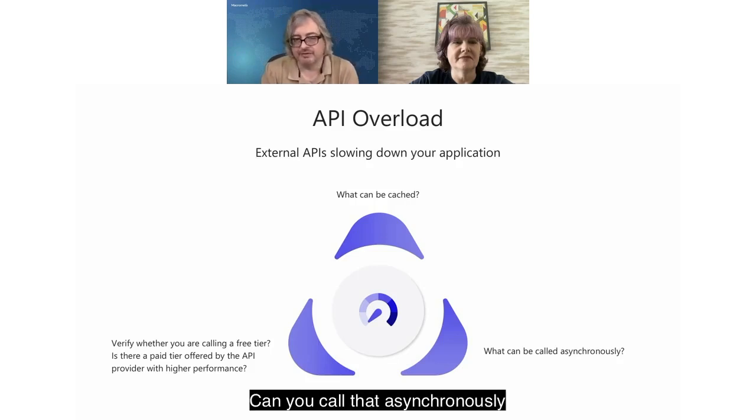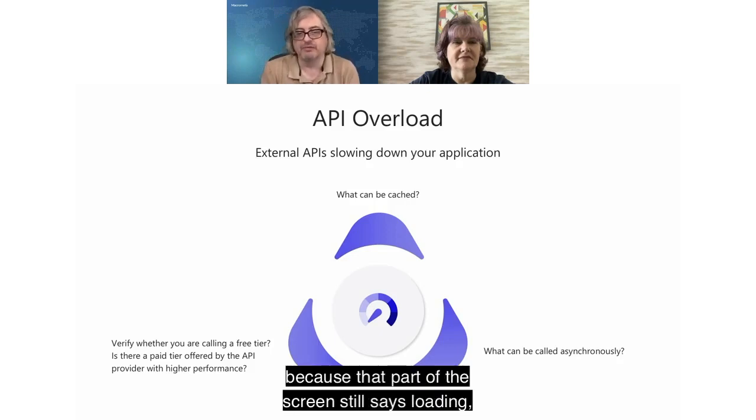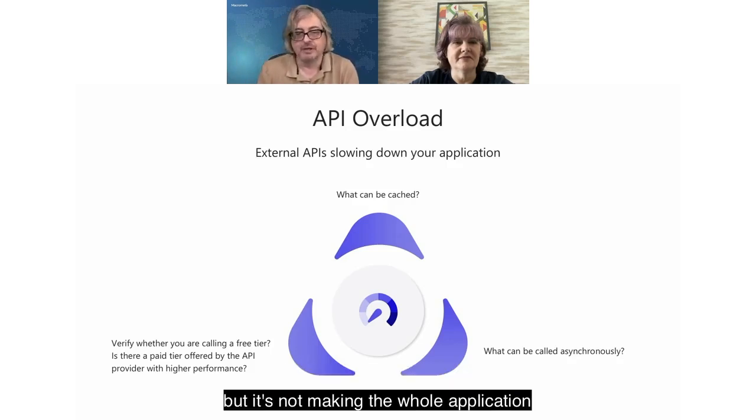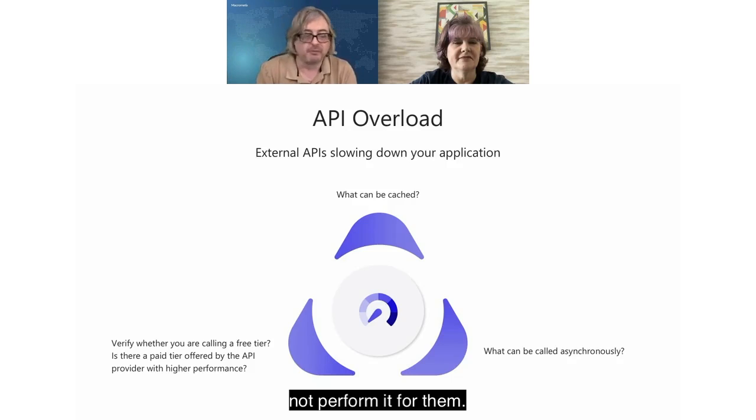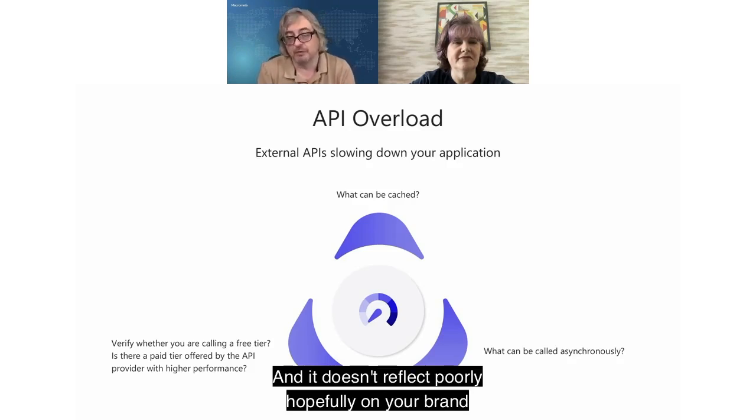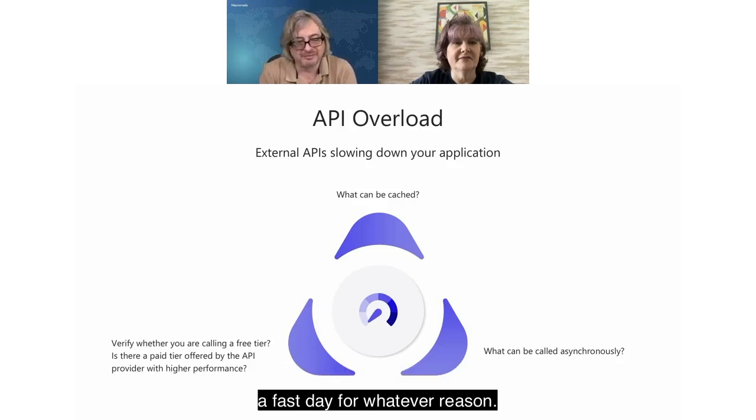Can you call that asynchronously, so that if it takes 3 seconds to load for some crazy reason, your users may notice that part of the screen still says loading, but it's not making the whole application not performant for them, and it doesn't reflect poorly, hopefully, on your brand if your third-party data providers are not having a fast day for whatever reason.